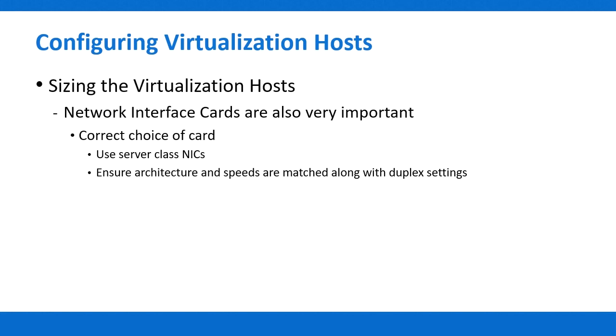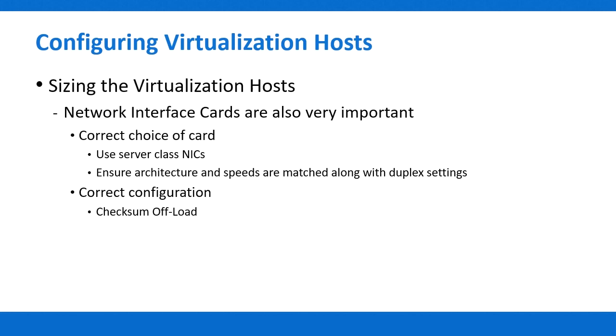Basically, you're always as slow as the slowest link in the chain. So having a misconfigured switch or a lower category cable can result in a bottleneck, which can result in slower performance. So correct choice of card and correct configuration are all important.